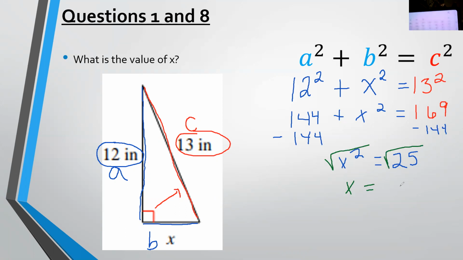Then when I do, I hit the square root button, enter in 25, and it gives us our answer of 5. And 5 is our value for x. 5 is our missing side, which means this triangle right here has the side lengths of 5, 12, and 13, and it makes a right triangle.